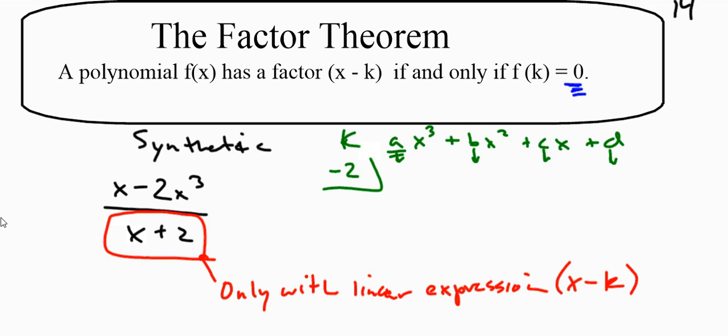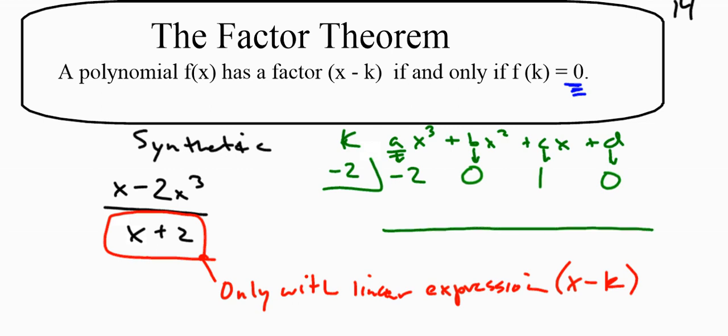In this case, we're going to have a 1, then negative 2, and we don't have anything for the x term, so we put a 0 there. You do this for any type of polynomial.